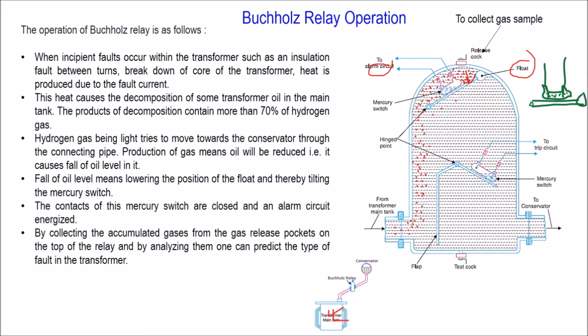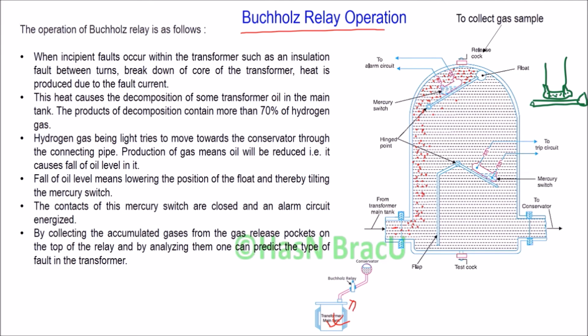On the other hand, fall of oil level can be due to the leakage of oil and also due to the evaporation of oil through decomposition as a result of incipient fault. And due to this production of gas, the oil will be reduced.